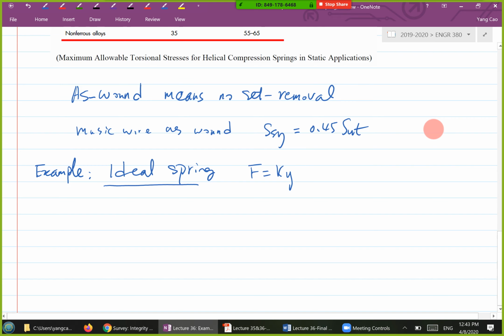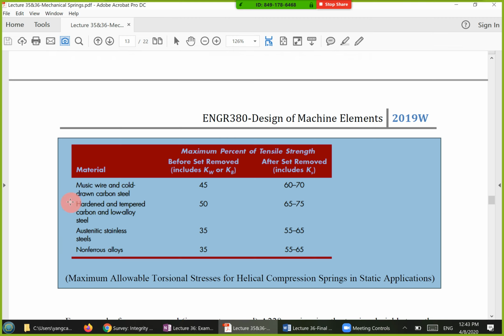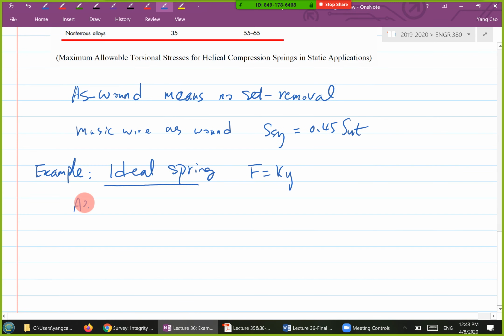Okay, in an example, let's say I have a material called A228 music wire, and it's an as wound spring, so no set removal.